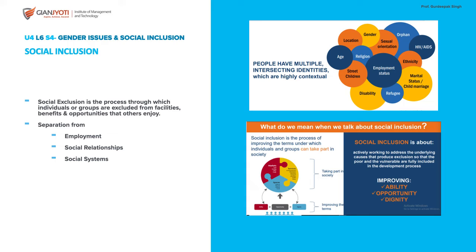So they are able to take part in society in terms of the markets that exist, the services, whether it is the social protection or the spaces, in terms of the positions the different groups or individuals can take, whether political or cultural or in terms of the employment.